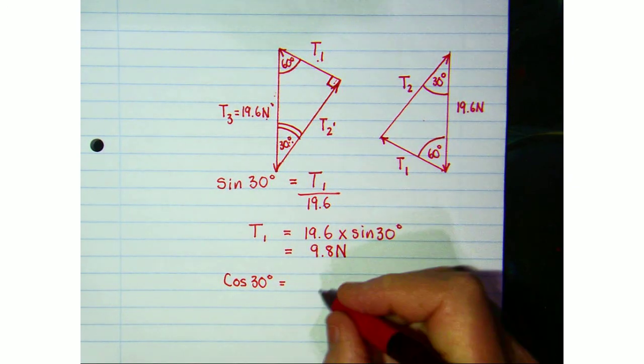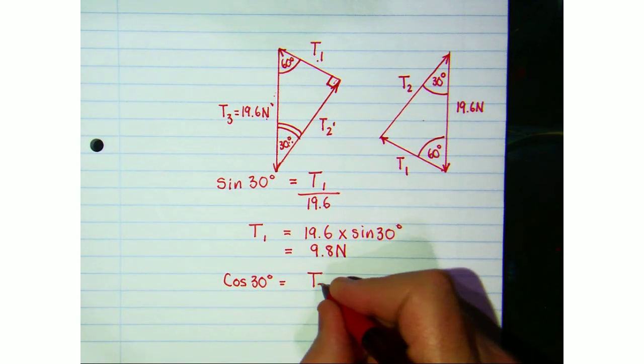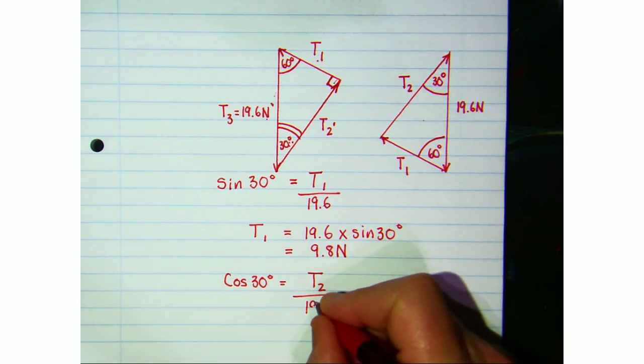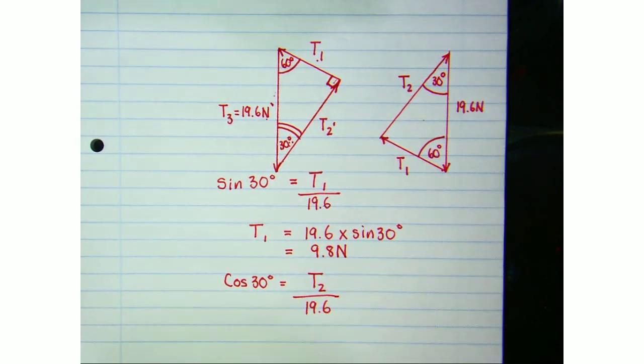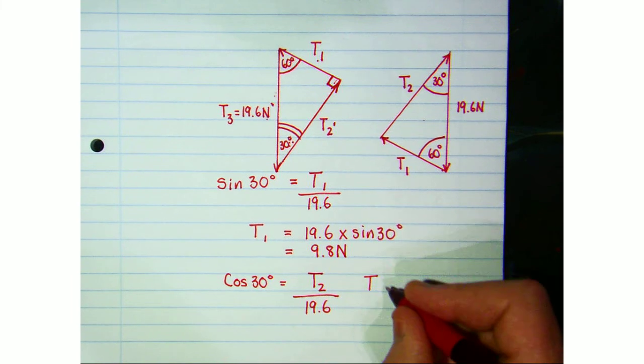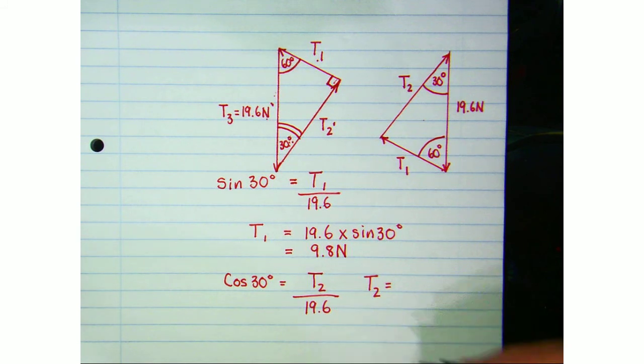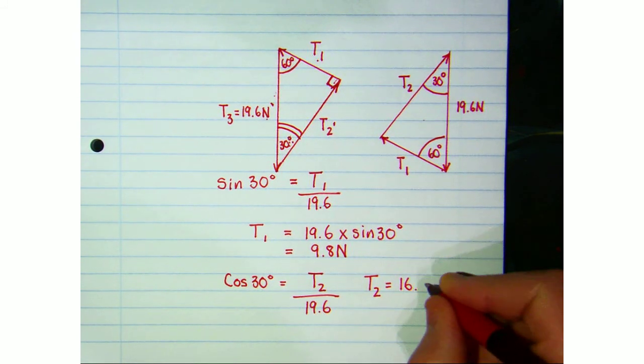T2 over hypotenuse is 19.6. And if you solve for T2, we get 16.97 newtons.